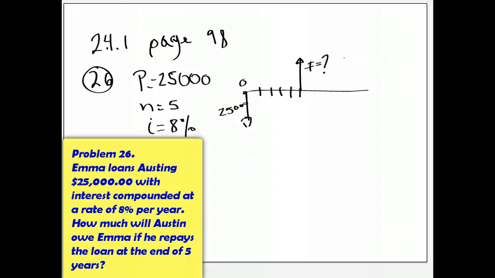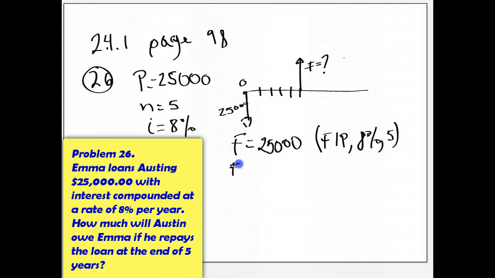So the expression that defines the future value that we are interested in finding could be written as the future value is equal to $25,000 times F given P for 8% and 5 periods.